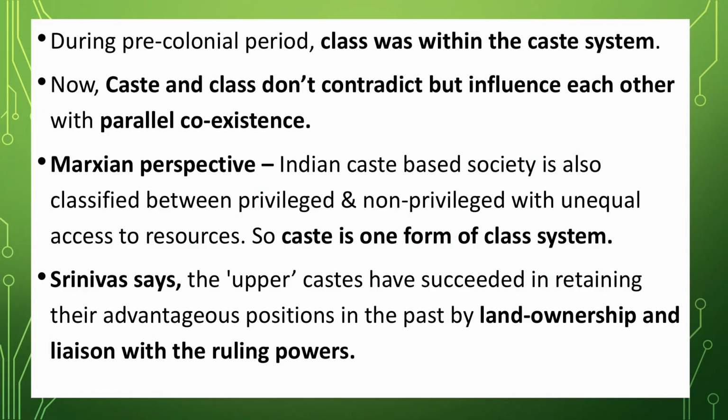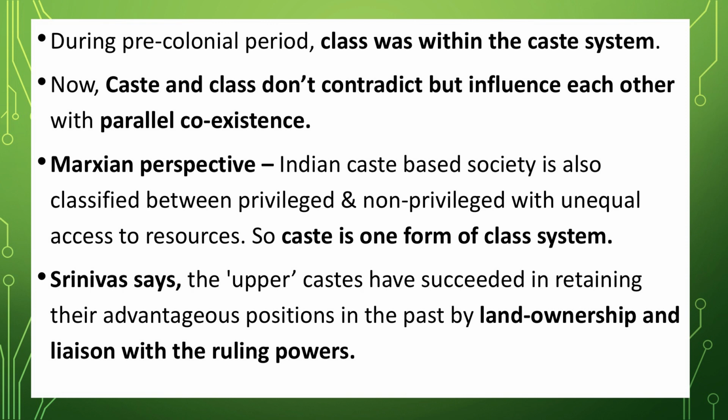If you take note of M.N. Srinivas, he has conformed to the ideology of Karl Marx, as he said that the upper caste succeeded in retaining their advantageous position in the past by land ownership and liaising with the ruling power.